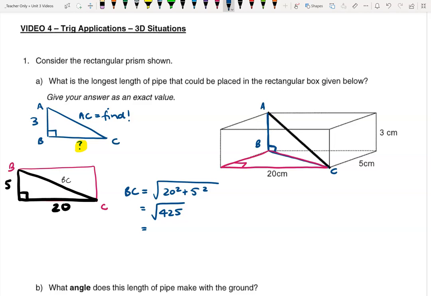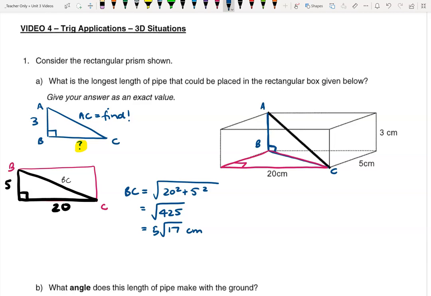So if you want to pause the video at this point and actually type that into your calculator to see what that comes out as, we're going to end up with 5 root 17. Okay, and that's in centimeters.